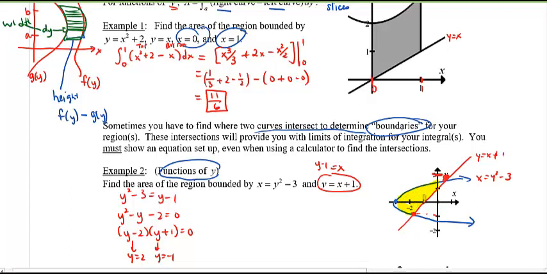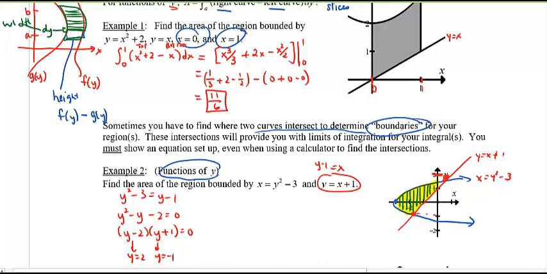And do you see why this time functions of y makes life much, much easier? I'll just show you what happens with functions of x. Don't copy this down. But look, functions of x are like this. Vertical. Oh, interesting. Look what happened. The top function is always the blue one, but the bottom function becomes blue, and then it becomes red. So notice 2 different bottom functions.